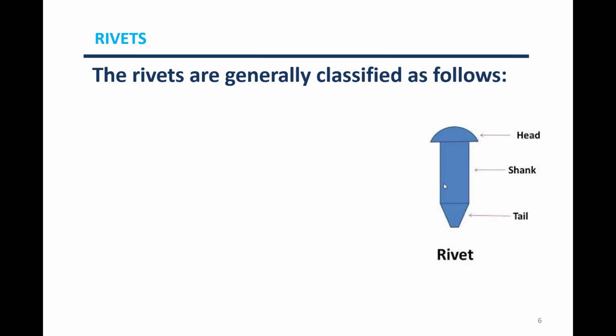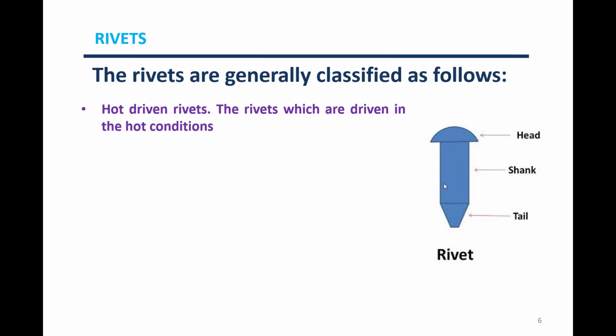The rivets are generally classified as follows. Hot-driven rivets are the rivets which are driven in hot conditions. Shop rivets are the rivets which are placed in the workshop.